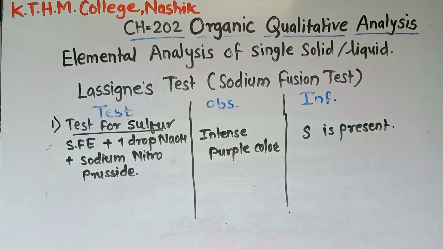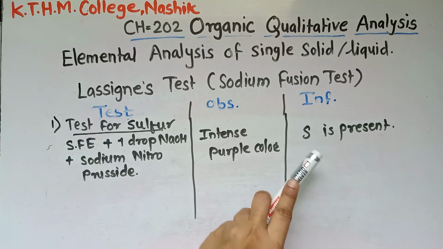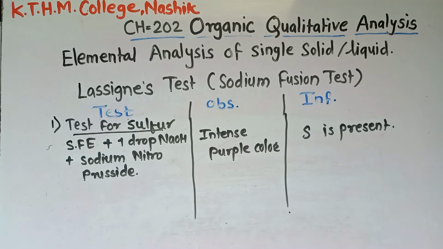We add 1 drop of NaOH and a very small amount of sodium nitroprusside, only 4 drops. We observe the intense purple color if our compound contains sulfur, and we conclude that sulfur is present.